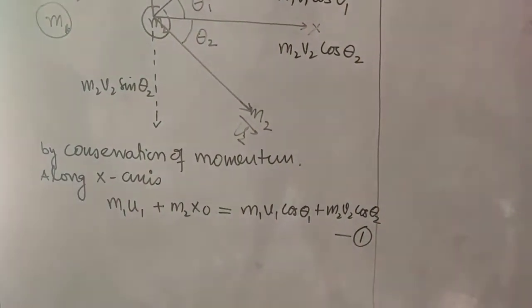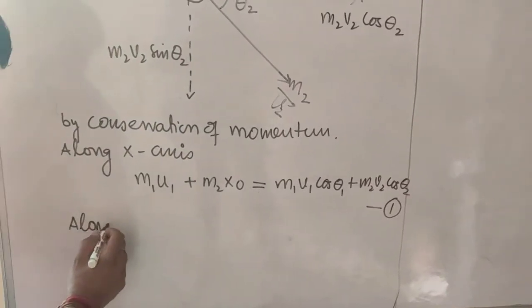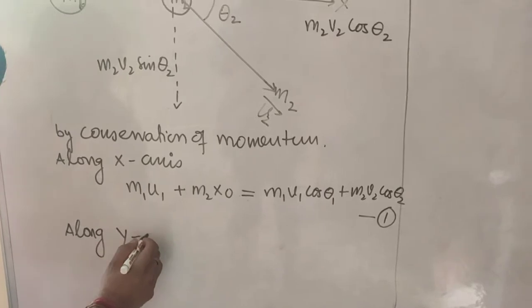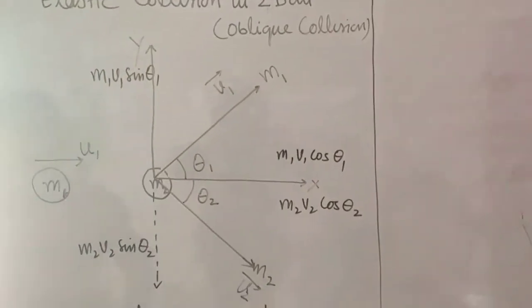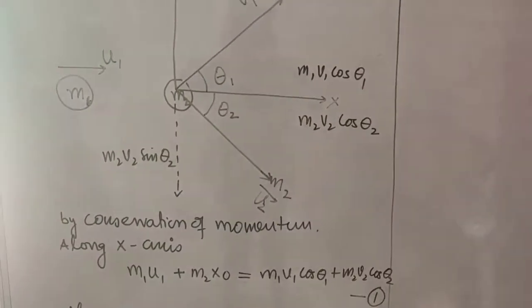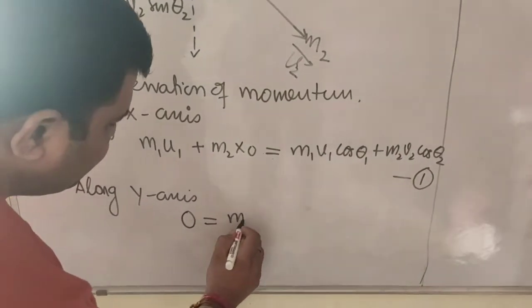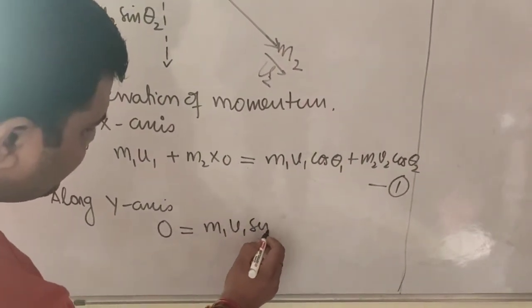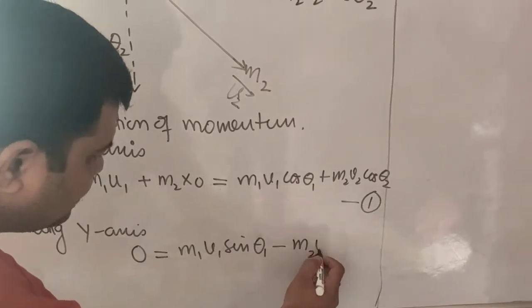x-axis. Now along y-axis, can you see any motion before collision? Before collision there is no momentum along y-axis, because the object is moving along horizontal, that is along x-axis. So before collision it is 0. This is m1 v1 sin theta 1 minus, why minus?